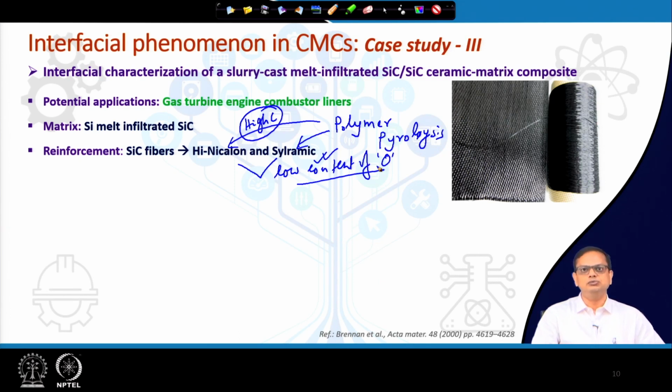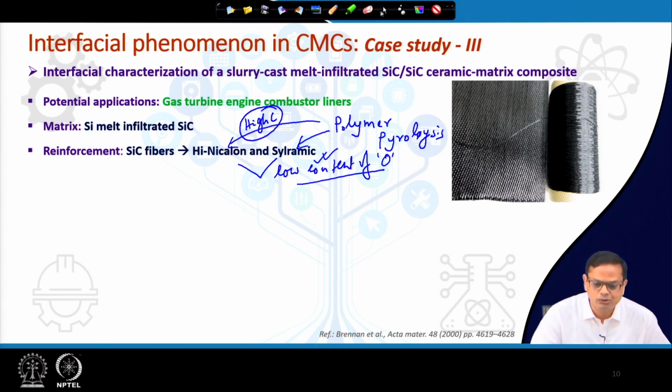The aim during SiC synthesis by polymer pyrolysis is to get rid of the oxygen atoms completely towards improving the mechanical properties. So, in both cases the oxygen content is low, but in one case it is high carbon, in the other case it is more stoichiometric.